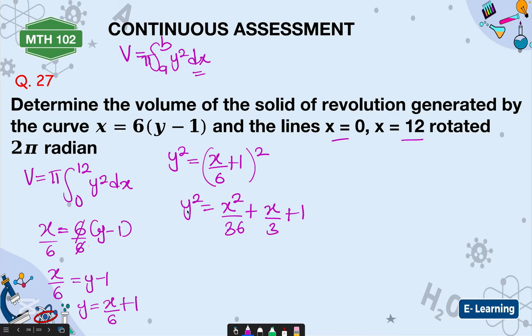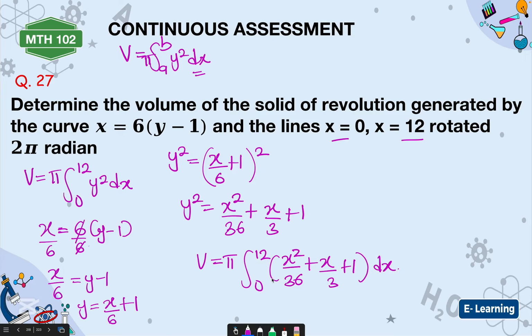So this is our y square. So in place of y square, we put this whole thing here. Is that okay? So our V will be pi integral 12 and 0. In place of y square, you have x square over 36 plus x over 3 plus 1 dx.